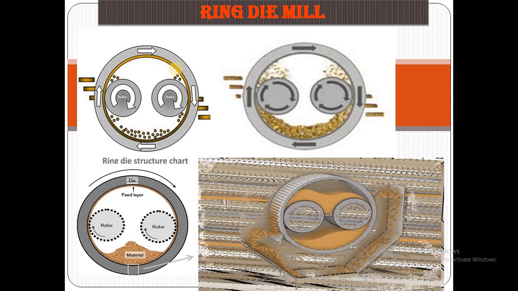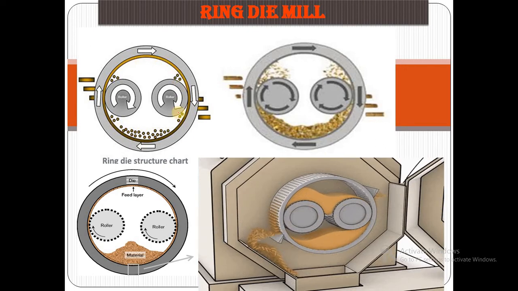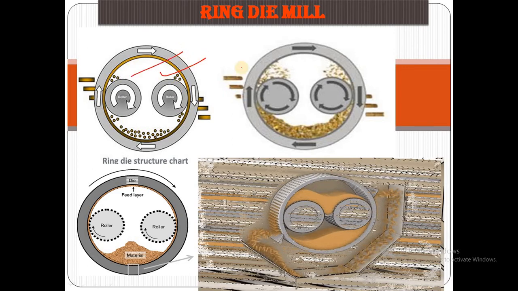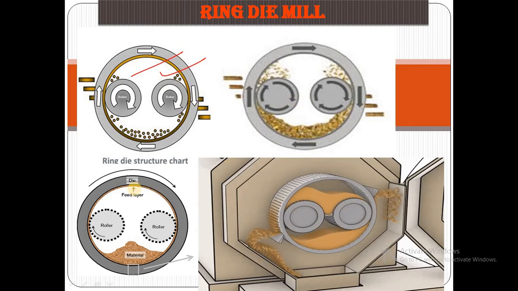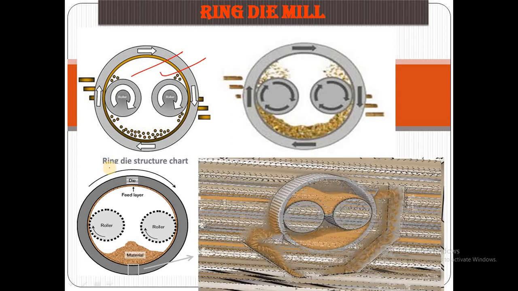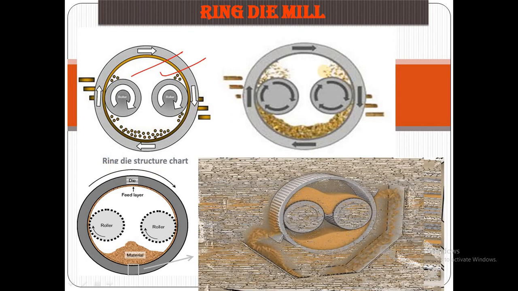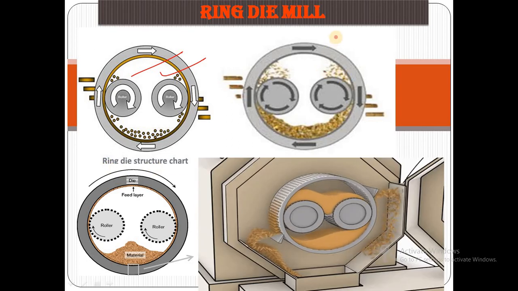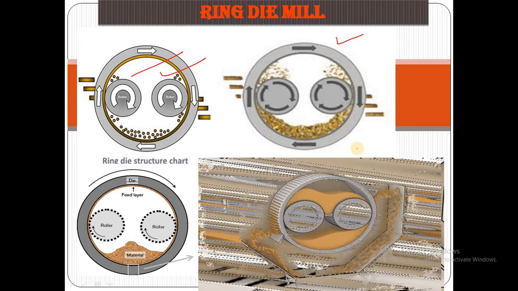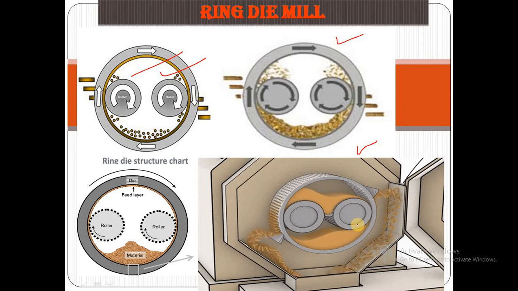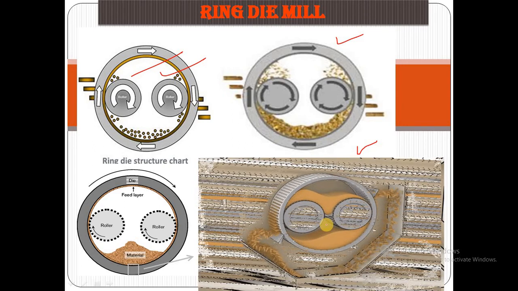There is also a drum available. The drum is rotating, and the rollers are also rotating. These are the rollers. This is the ring die structural chart, and this is the working diagram. The last one is the working of the ring die mill.